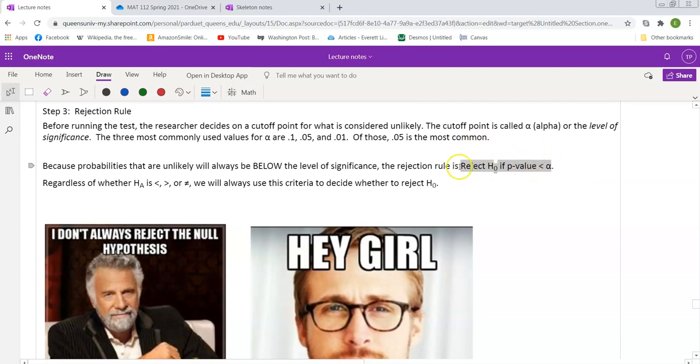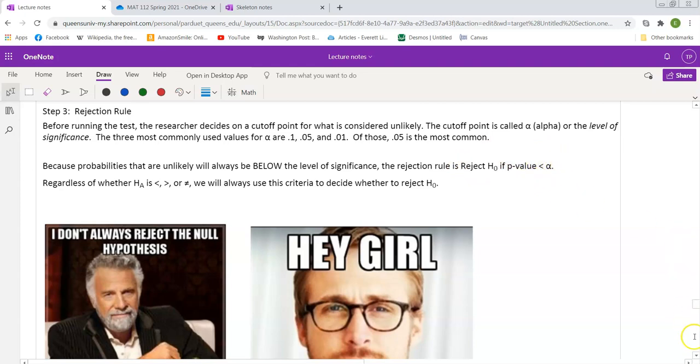I want you to know you always, always, always reject H0 if the p-value is less than alpha. It doesn't matter whether you've got an alternative hypothesis that's less than, greater than, or not equal to. It doesn't matter if it's this hypothesis test or some other one that we're going to do in the future. This is always going to be the case. You're always going to reject H0 if the p-value is less than this level of significance or the alpha given in the problem.